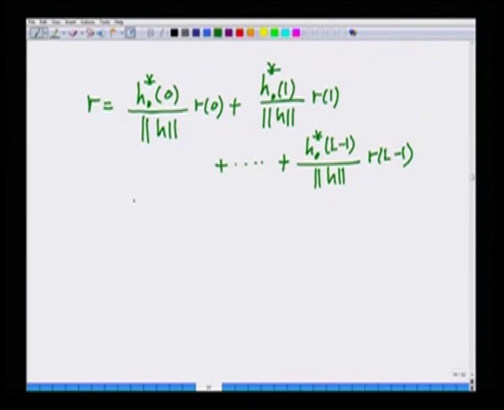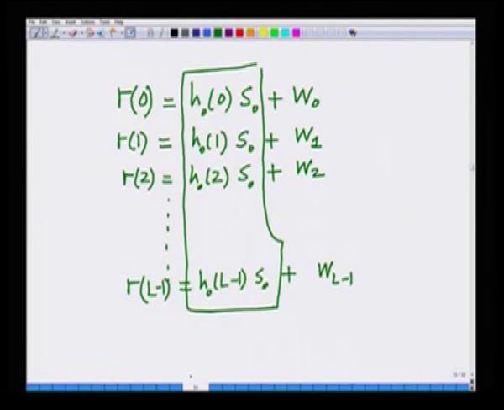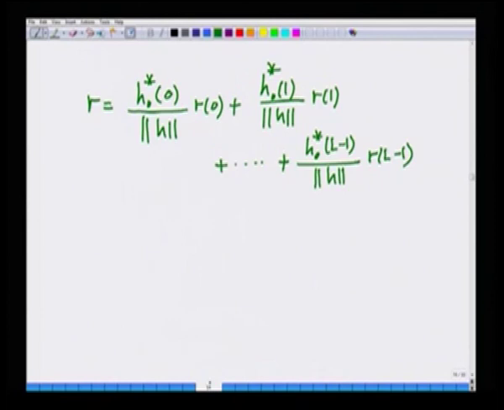So now this has two components. Let us first look at the signal component. When I combine this coherently, I will have a signal component and a noise component.